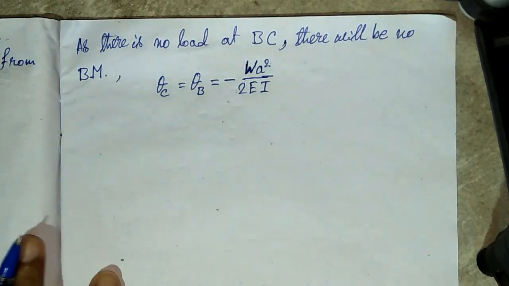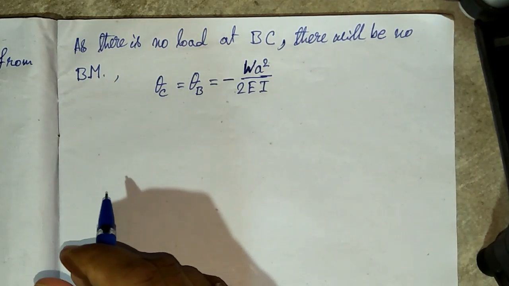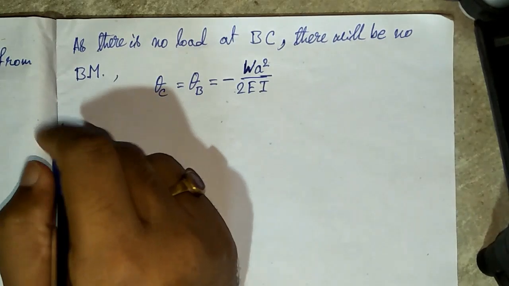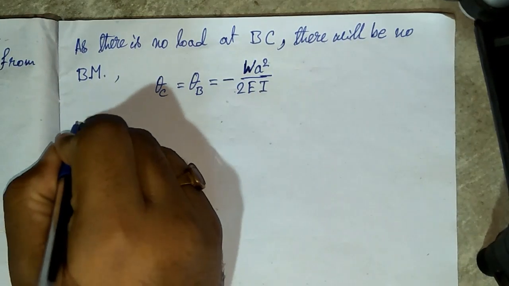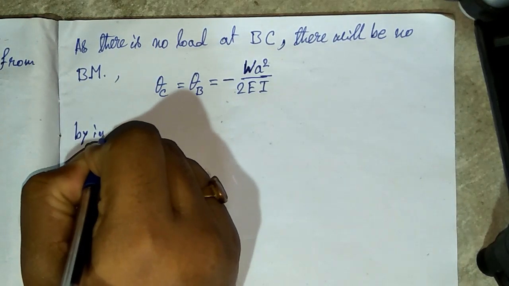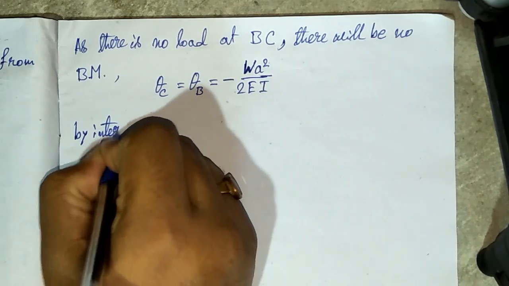So now to find the deflection, let's integrate equation 1, that means the slope equation.